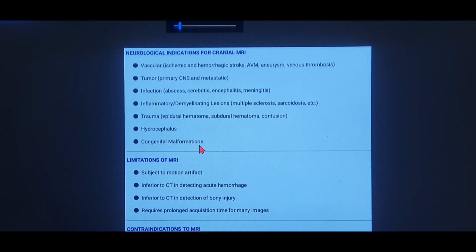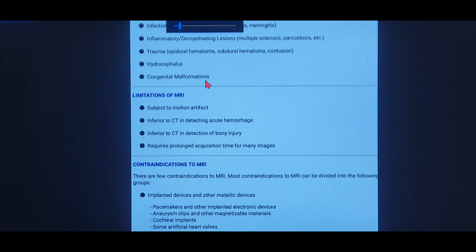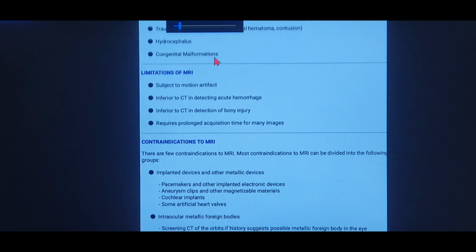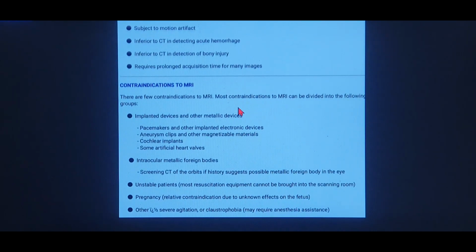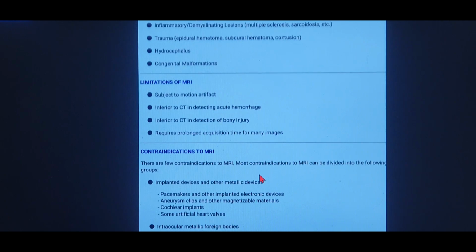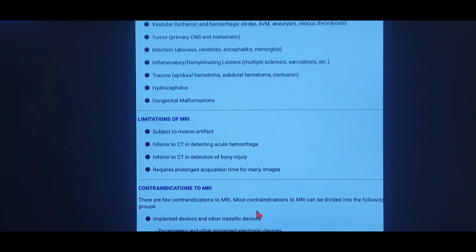You can take a screenshot of this for the indications, then a screenshot for the limitations, and then a screenshot for the contraindications to the MRI, because this comes as a short note for the ENT surgeons and the radiology residents, because this is kind of an advanced thing for the ENTs and the radiologists. So the contraindications and the indications are really important. You can have a look at this.